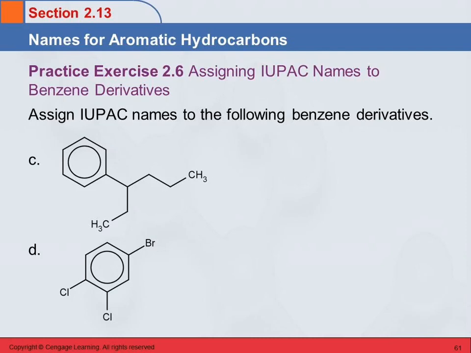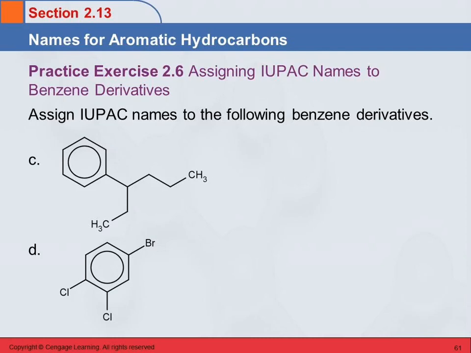Okay, letter C. This is where you would use the phenyl, yeah. Because this guy, 1, 2, 3, 4, 5, 6 carbons. So that's a hexane. It'd be some sort of a hexyl group. But that's the same number of carbons as the benzene.